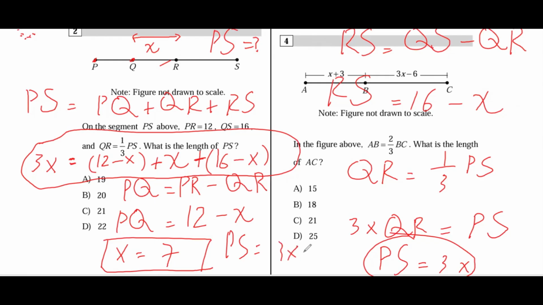So 3 times 7 is 21. So option C is the right one. Okay, Nesma, understood.